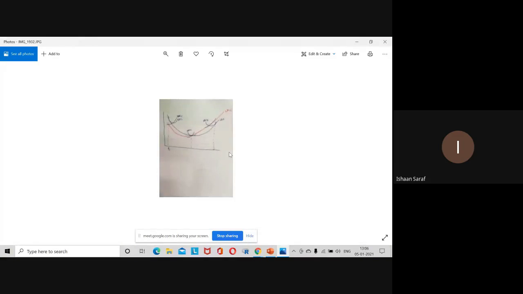Yes, ma'am. Ishan? Yes, ma'am. Okay. Anyone? I cannot increase the size. What to do? Help me. Ma'am, there is a magnifying glass over the... Yes.